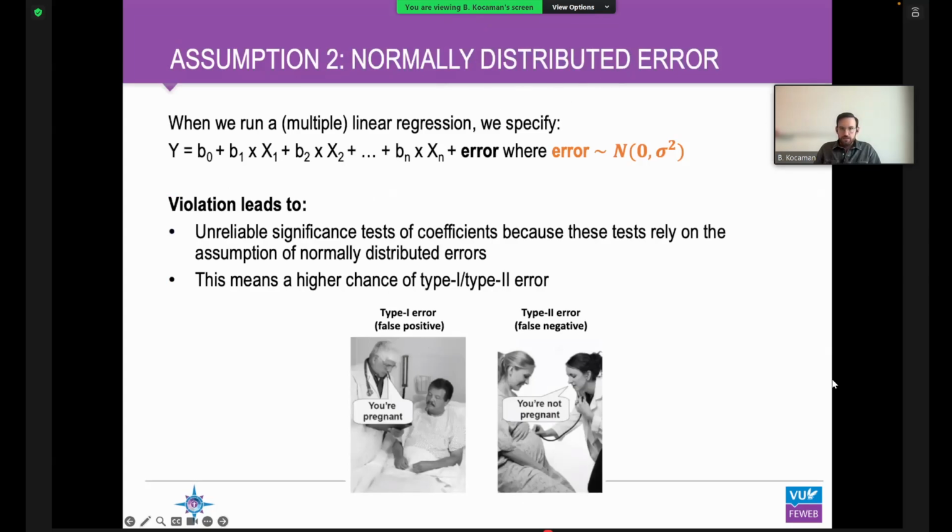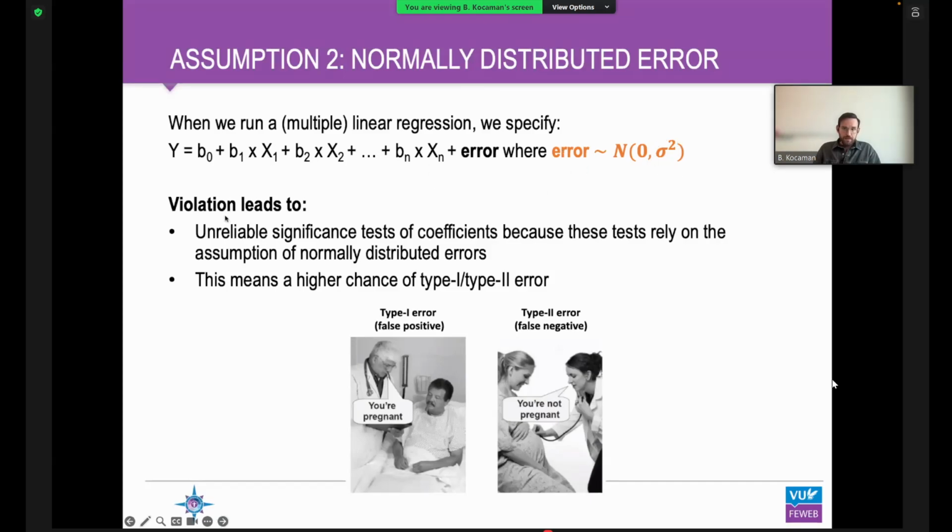Okay, so the second assumption is related to normality. In a linear regression model, which we can specify like this, a multiple linear regression, the error term is normally distributed with zero mean and some standard deviation, or some variance in this case.